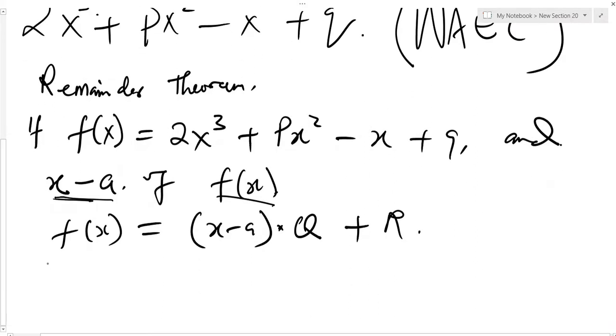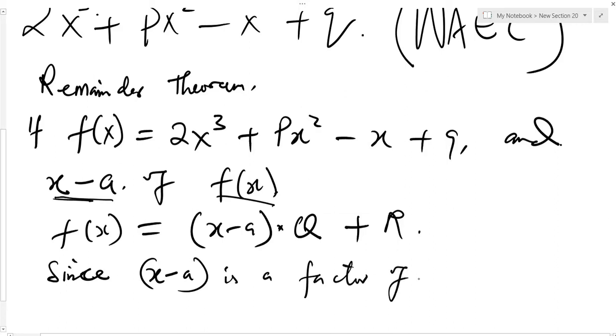Now, since x minus a is a factor of f of x, then the remainder r is equal to 0.